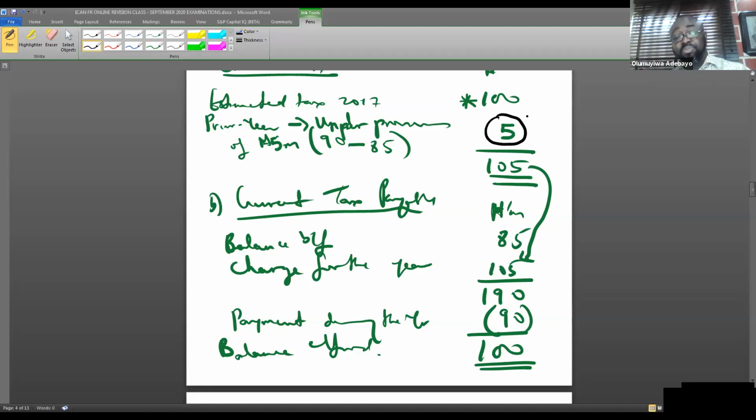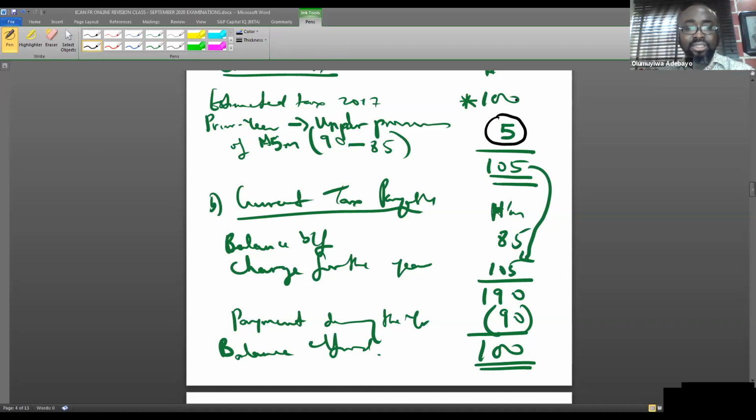If you are aware, FRS will always give you like 14 days or 21 days notice of payment, all because it relates to prior year, which means it ought to have been paid now. Not going to be for the 100 to the next year.